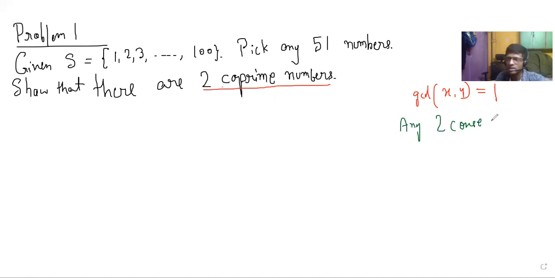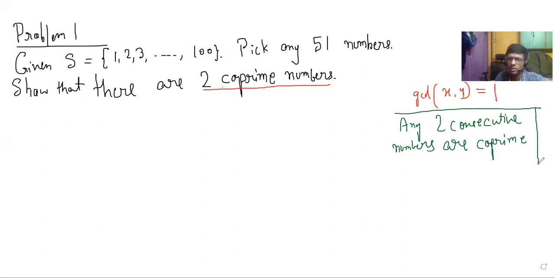Does everybody see this? If not, then just tell me. Any 2 consecutive numbers are co-prime. Yes, the reverse is not true. Obviously, all of us know prime numbers you can take. So if any 2 consecutive numbers are co-prime, how do you use this?